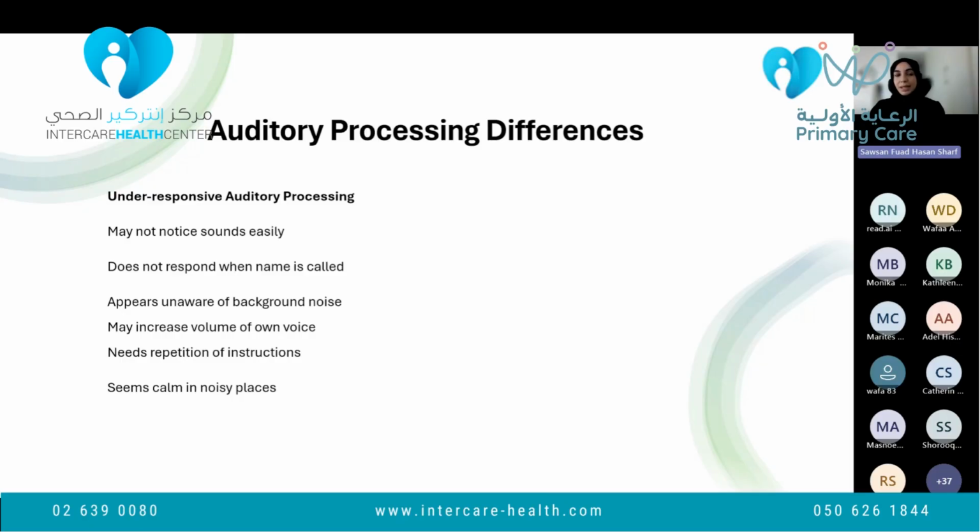Sometimes if the child is under-responsive, they are singing and producing some vague sounds. And this is very common in autistic children who are always singing. Sometimes it's because they are seeking this auditory input, so they are enjoying that.